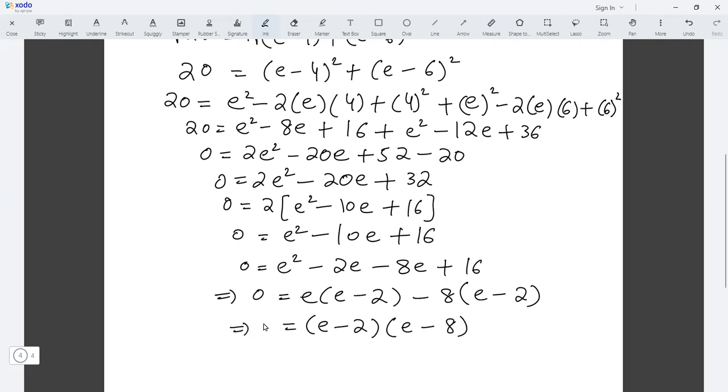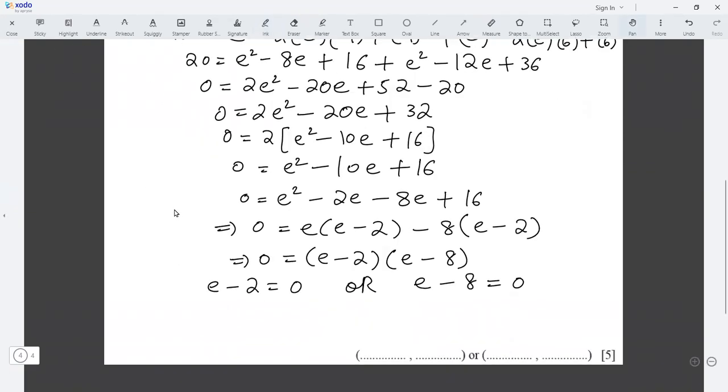If two terms are multiplied and the answer is 0, then either the first term equals 0 or the second term equals 0. So we are having two answers: e equals 2 here and e equals positive 8 here. So what are the answers actually?